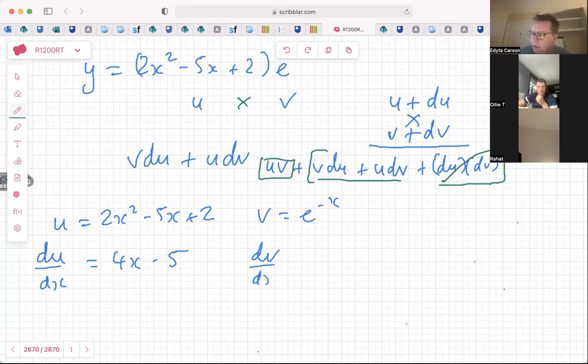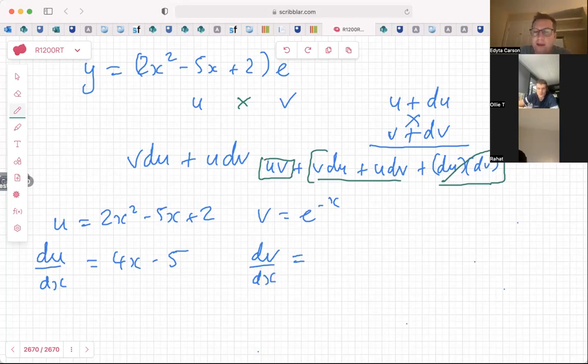So dv by dx. Now this is actually a crossover with another rule, so we have to use another rule to figure this out. But for now, we might just say the result. Do you know what this will differentiate to? Doesn't it stay the same? e to the minus x. Yeah.